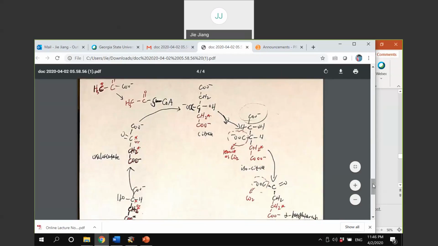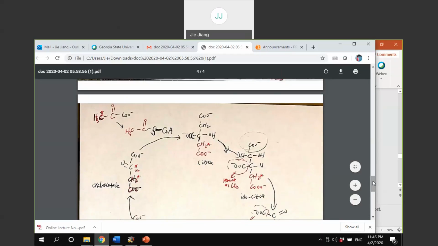Now let's talk a little bit about isotope labeling. When we started chapter 16, glycolysis, we learned how to use isotope-labeled carbon to trace where the carbons go, eventually in the carbon dioxide or in the pyruvate. That was for glycolysis. For the citric acid cycle, we can use a similar way to track the carbon.